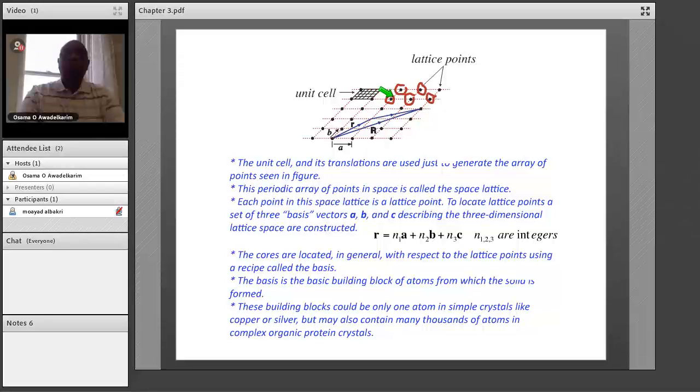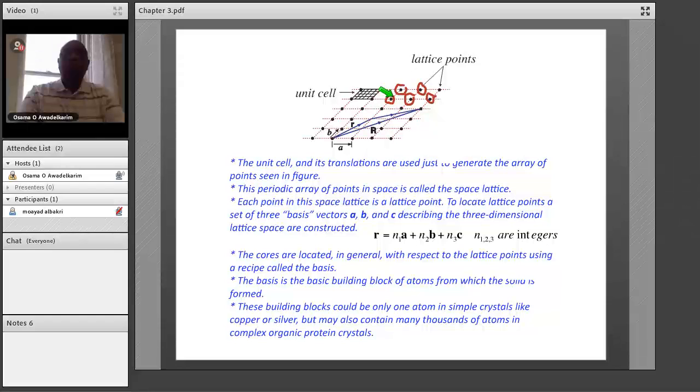If we have a more complex solid, one that has two atoms, like say gallium phosphide single crystal, we have gallium and phosphorus. This would be the core.